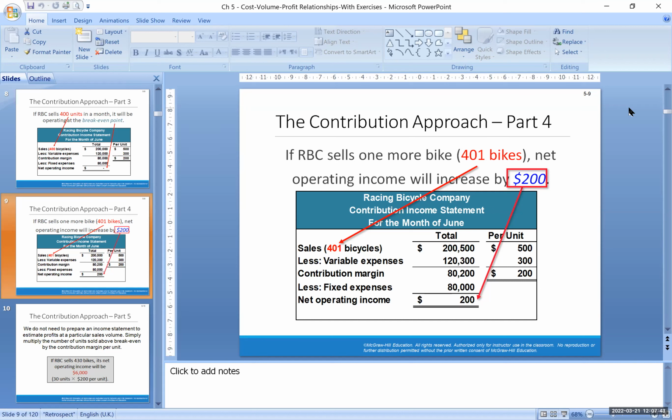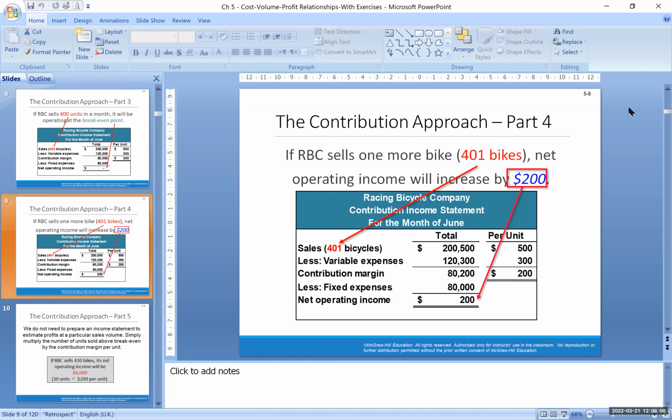So the contribution margin for that unit is 500 minus 300, and the $200 is the additional amount that contributes to the net operating income.